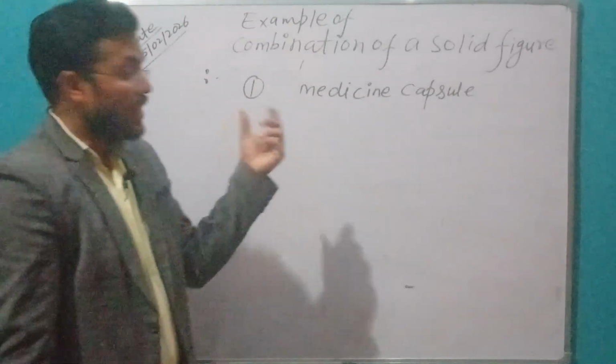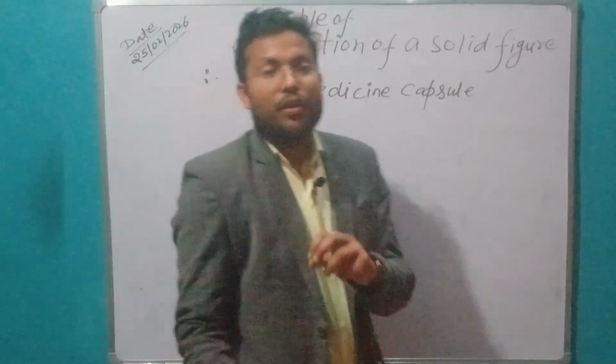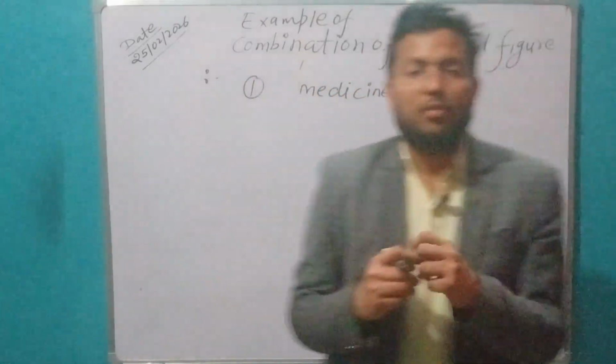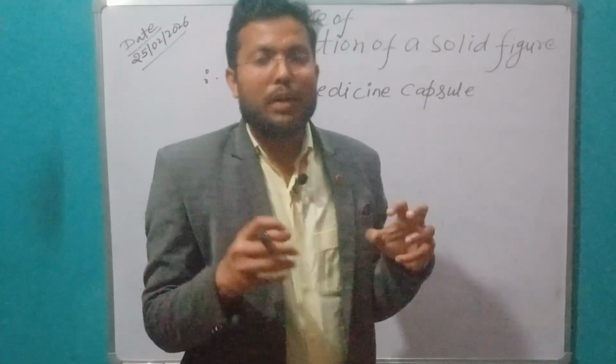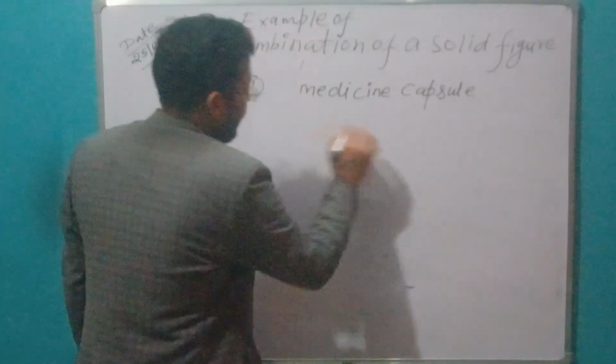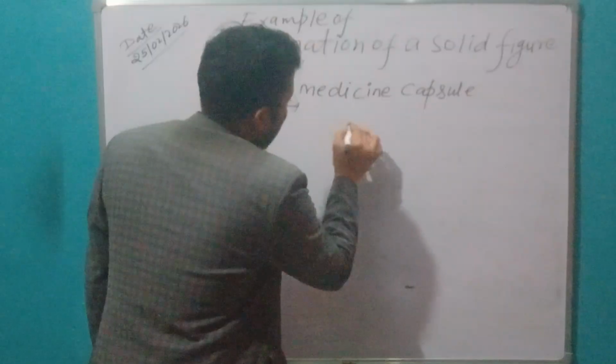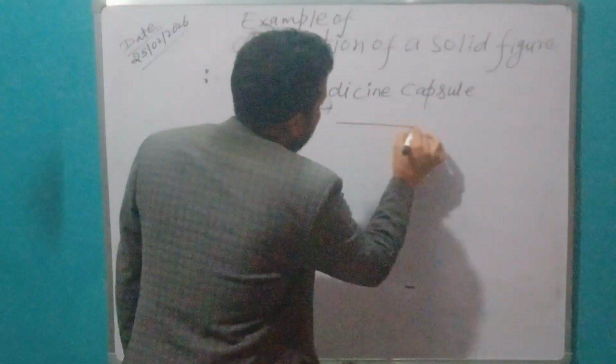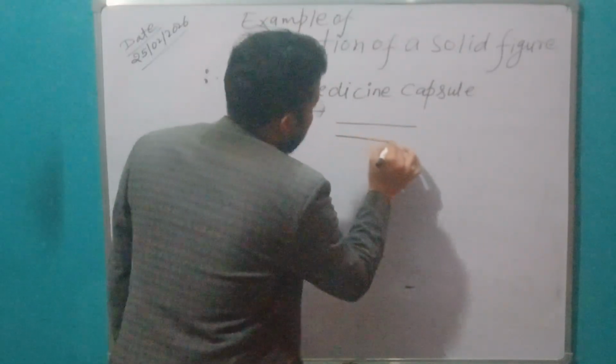Sir, how can we say that a medicine capsule is a figure of a combination of solids? It means this figure is made up of two or more different basic solids. So let's see the figure. Just like the medicine capsule, this figure is made of this type of figure.